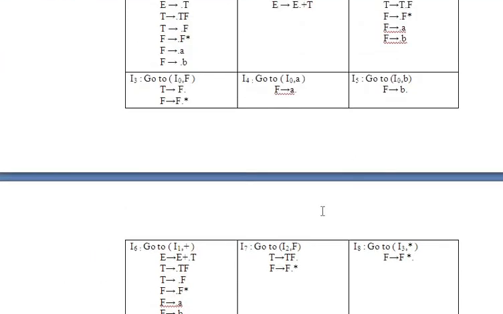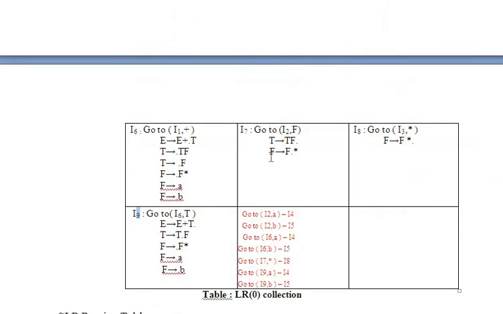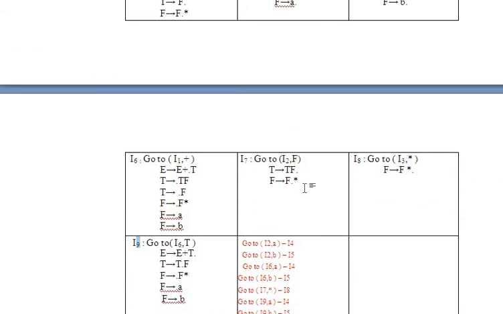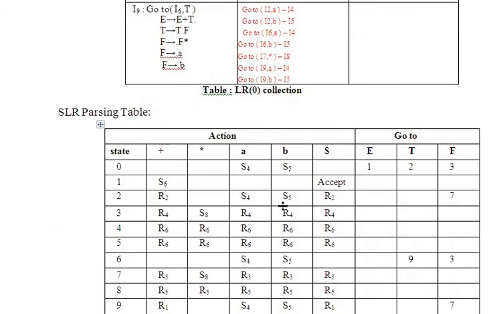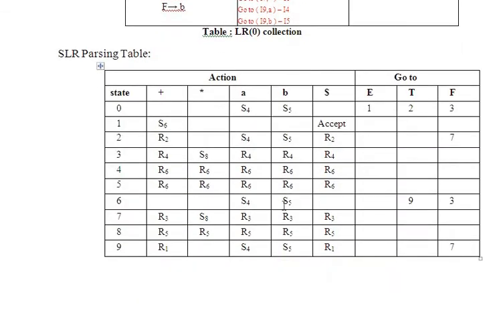You have to repeat this process until you find the dot at the end of all productions. If any production finds a repeated state, then go to that repeated state number for that production. For reduce entries, you have to find the follow of the production.